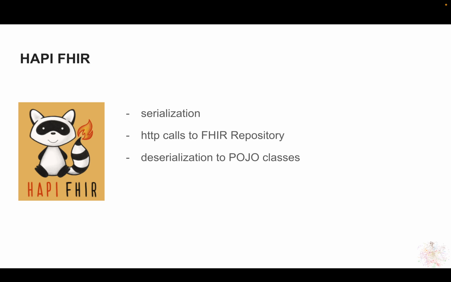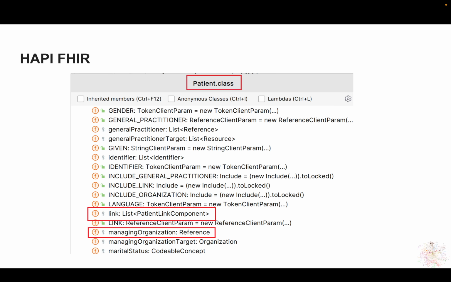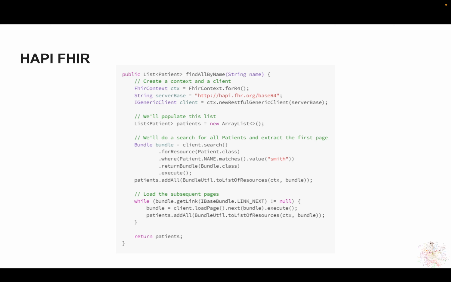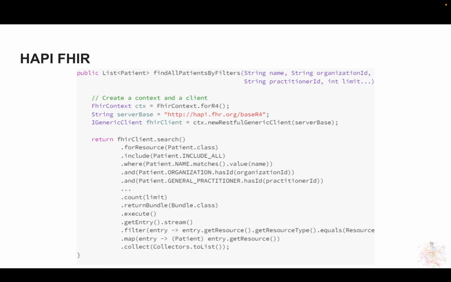The patient class for this library looks like this, and it has all the needed fields, including the link to the managing organization, the list of related persons, whatever we need. Great, and that's the client code example when we're using FHIR with filtering. Here is another example where we use more filtering logic, and as you can see, the code is becoming bigger.